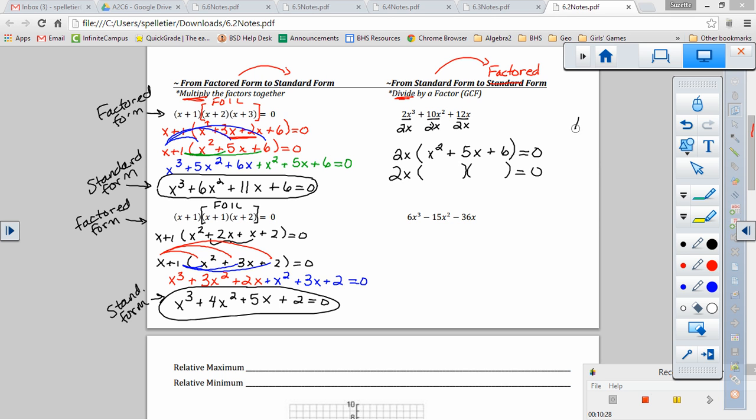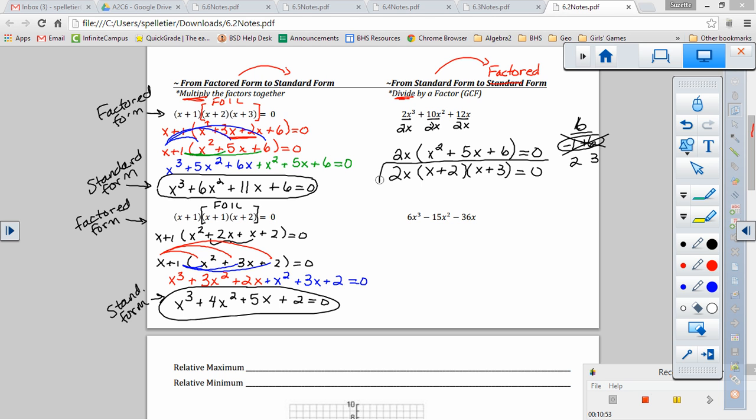So factors of 6 are 1 and 6, 2 and 3. And I have to figure out how can I get a positive 5 and also a positive 6 when I go ahead and multiply it out. So if I did positive 6 minus 1, that would not multiply out to give me a positive 6, so I can't use that set. So it has to be x plus 2, x plus 3.